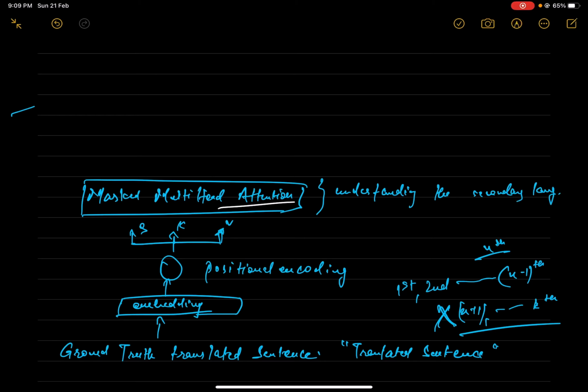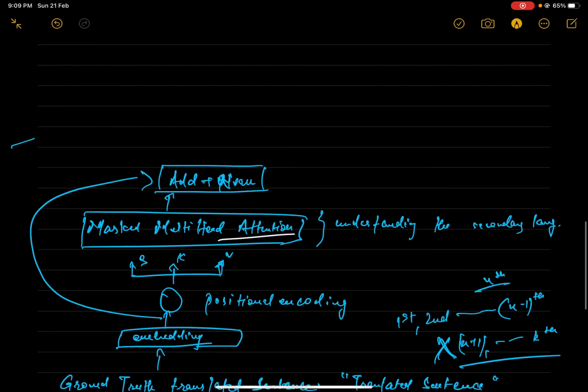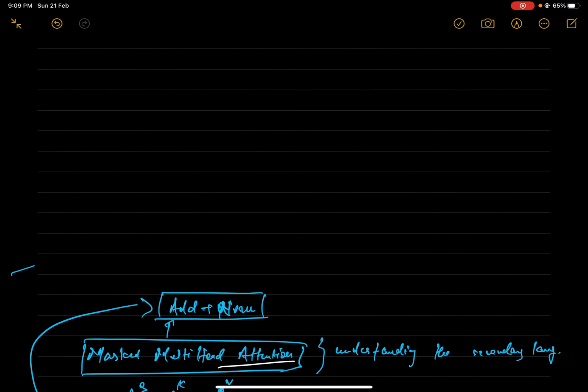This is followed by another add plus norm layer, which comes from here and is again a residual connection. This is followed by an important part, that is the multi-head attention.